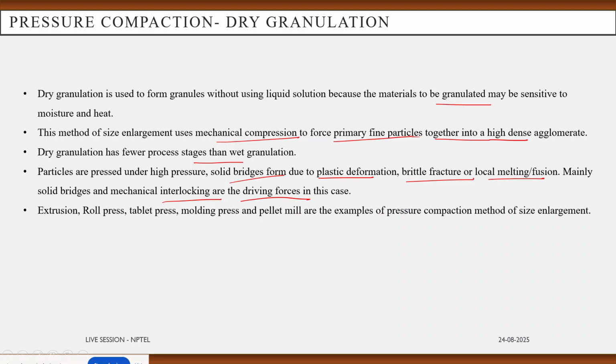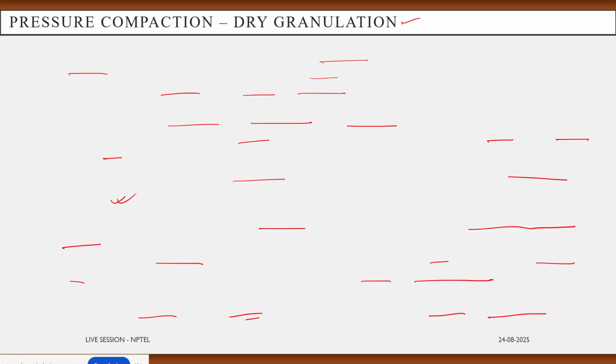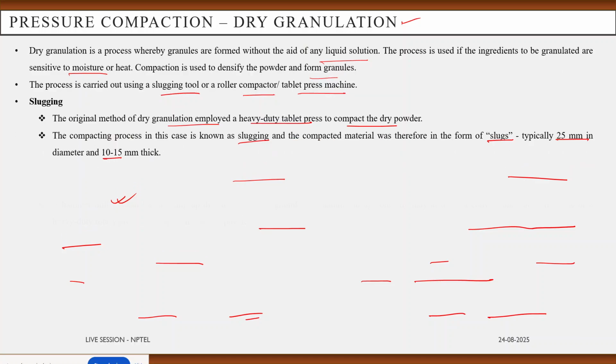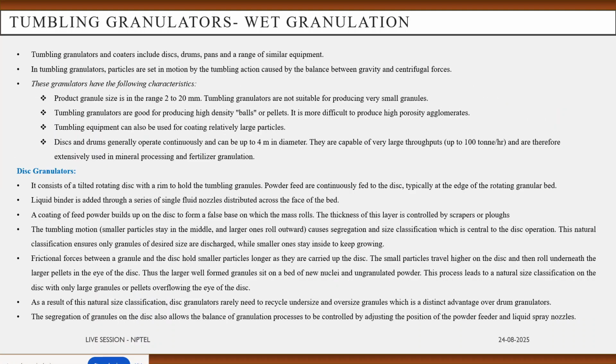So we have already discussed the processes: extrusion, roll press, tablet press, molding press or pellet mill are examples of pressure compaction methods of size enlargement. And then we are going to discuss the wet granulation process.